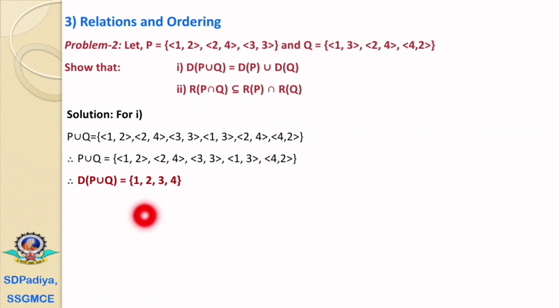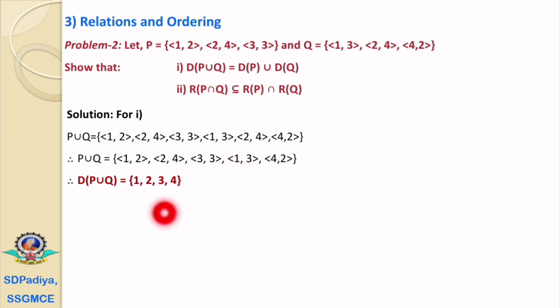Now, if we find out the domain of this P union Q, that is the first element of every ordered pair, then it will be 1, 2, 3, then 1, 4. In the set, there is no importance to this repeated term 1.